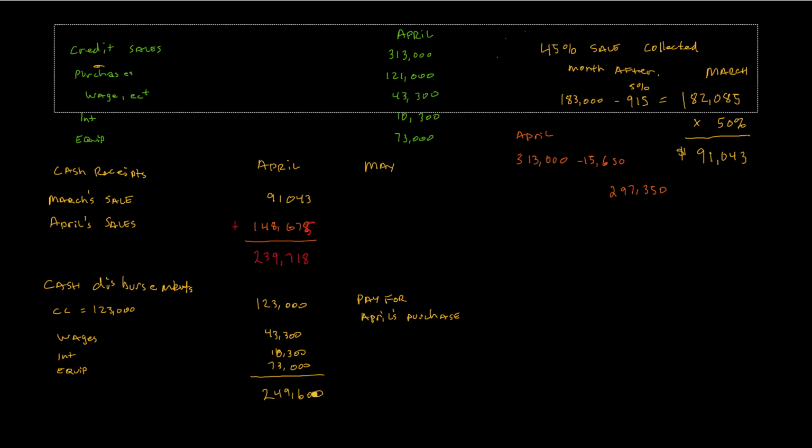249,600, right? Now, they didn't tell us what the beginning cash balance was. That would be important to know. So we could see right off the bat that we're in the hole. We paid out 249,600, but we only took in the month of April 239,718.